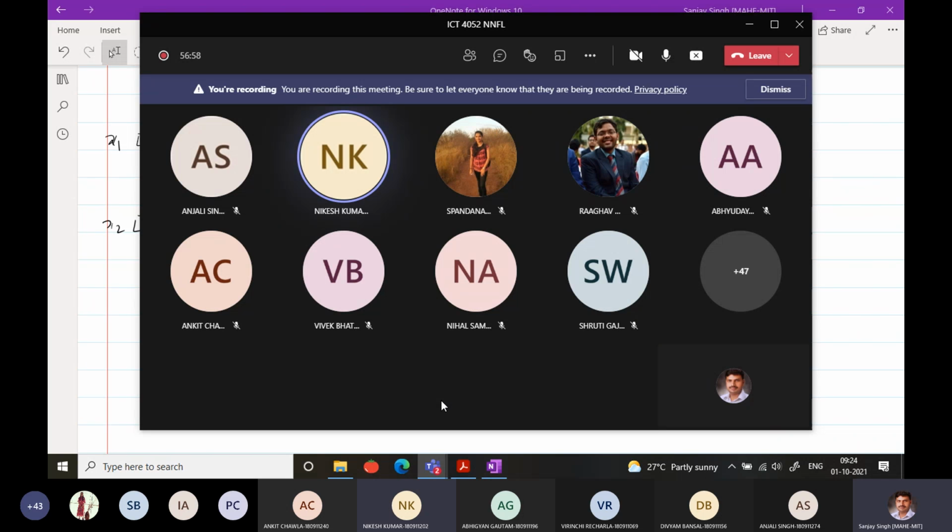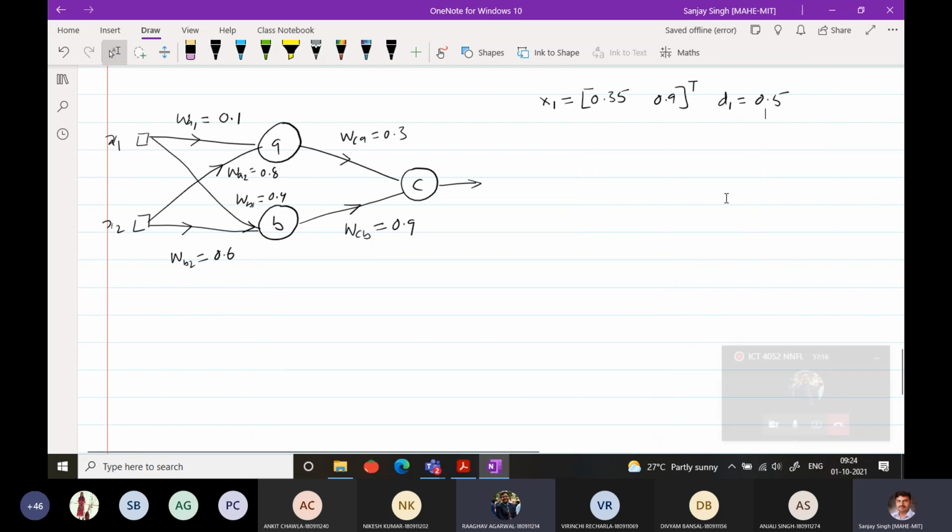We are still doing. I am still doing. Oh, okay. Yes, Raghav, what is your status? Sir, yet doing it. Yeah, please. Anjali? Sir, can you please minimize the screen once? Yeah, please. Yes, sir, on it.